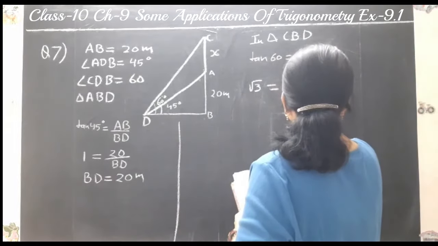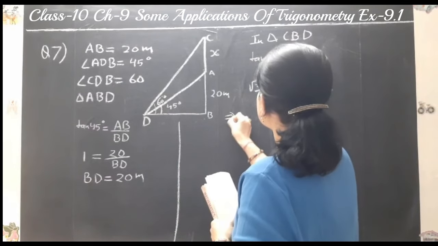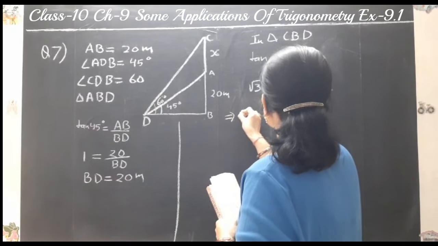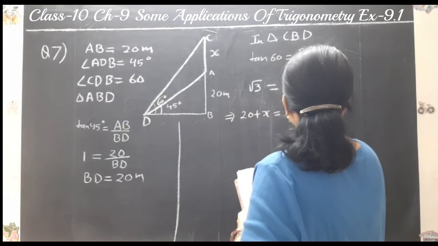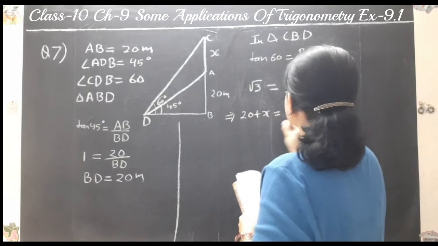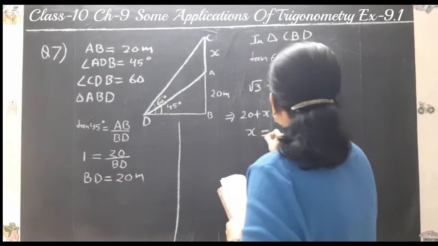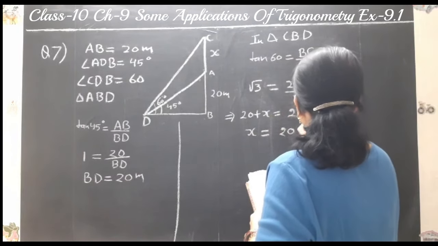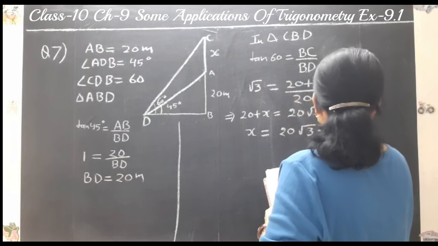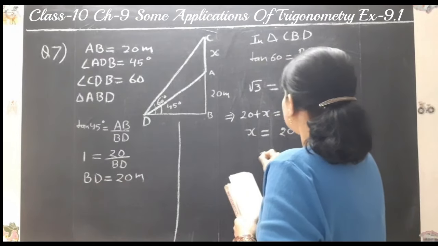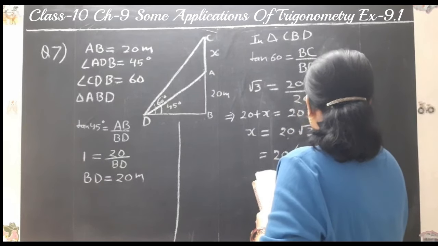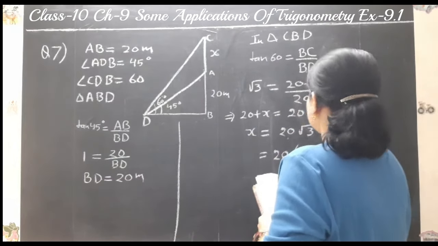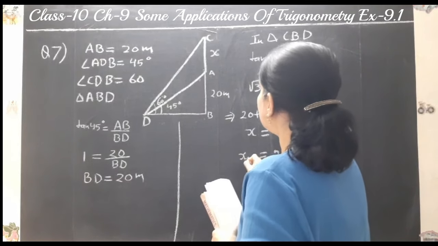So here 20. We can do cross multiplication. Then 20 plus x will be 20√3. So x will be 20√3 minus 20. Take 20 common, so it will be 20(√3 minus 1). This is equal to x.